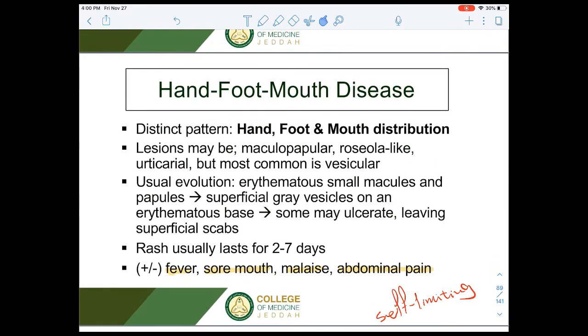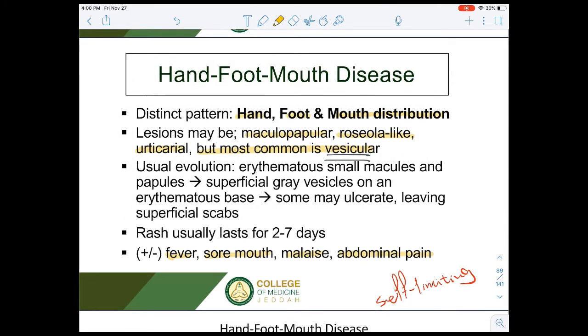So this usually arises on the hands, feet, and mouth, as we've mentioned. The lesions could be maculopapular, so they could have more than a single presentation. They could be maculopapular, roseola-like, they could be urticarial, but most commonly, you're going to observe the vesicular lesions on someone infected with the disease.